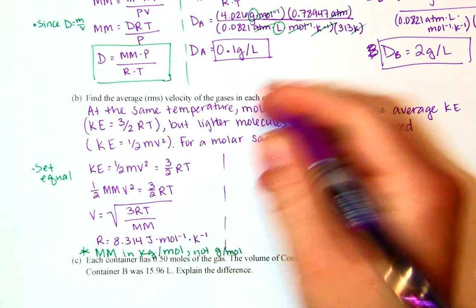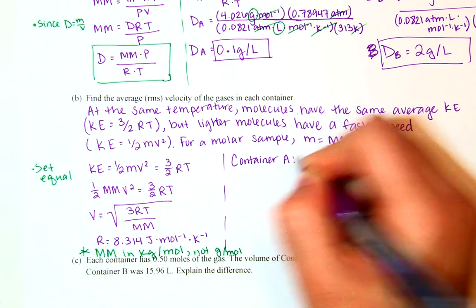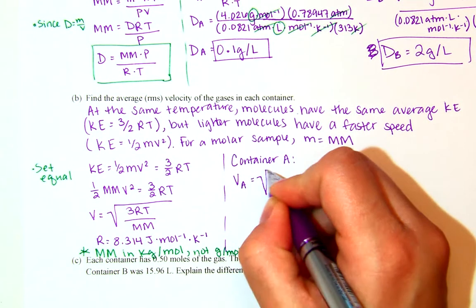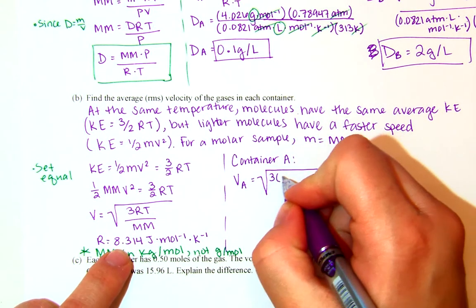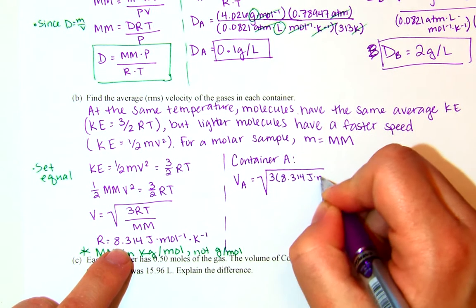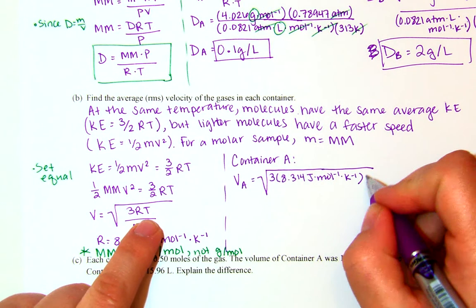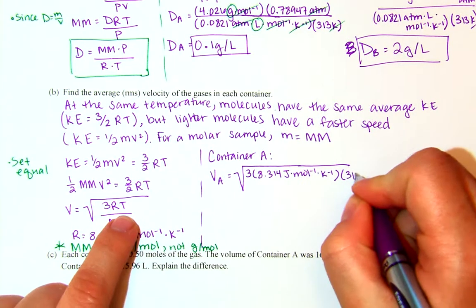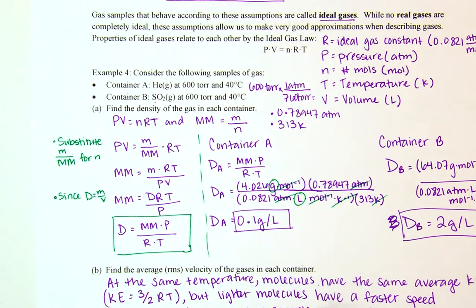Now that we have our equations, let's find the root mean square velocity for container A. So for container A, the velocity of A is equal to the square root of 3 times our R, 8.314 joules times inverse moles times inverse kelvins, times our temperature, which was the same we calculated above, 313 Kelvin, divided by, now this was helium, remember, container A was helium, and its molar mass was 4.026.